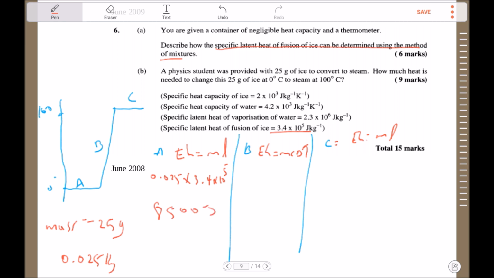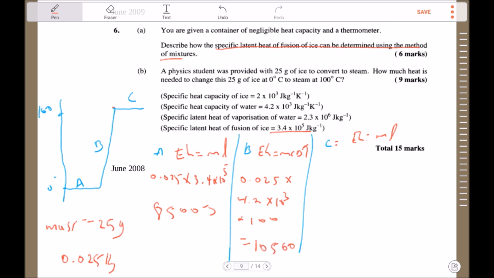Part B, our mass 0.025 times specific heat capacity, that's 4.2 times 10 to the third, and our change in temperature is from 0 to 100, so that's 100. That is equal to 10,500.